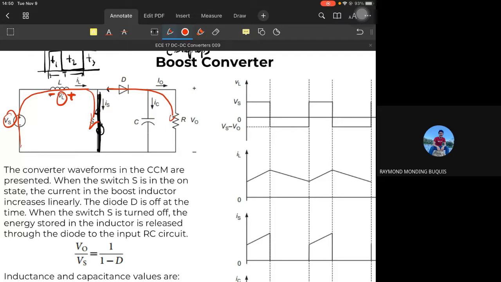We don't want that to happen. So the purpose of this diode is to block the discharge current of the capacitor. During the on state of the switch, current will just flow here.